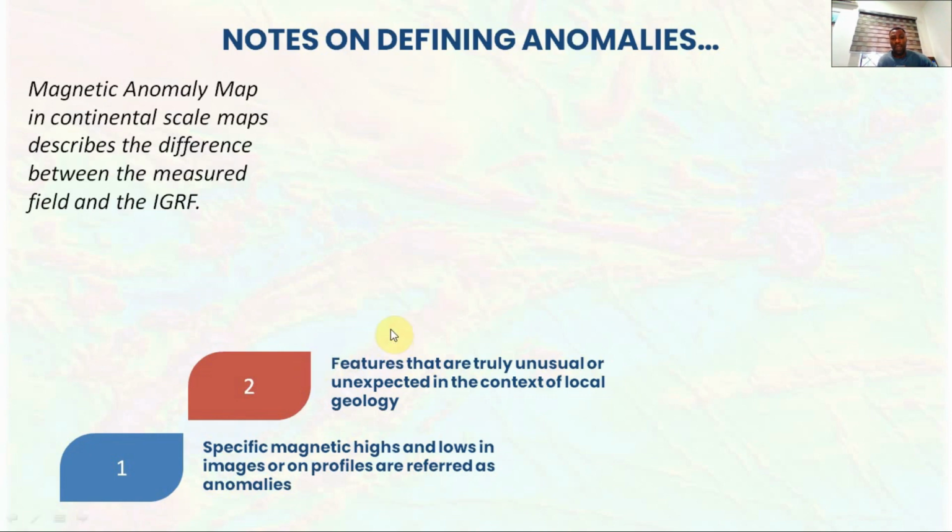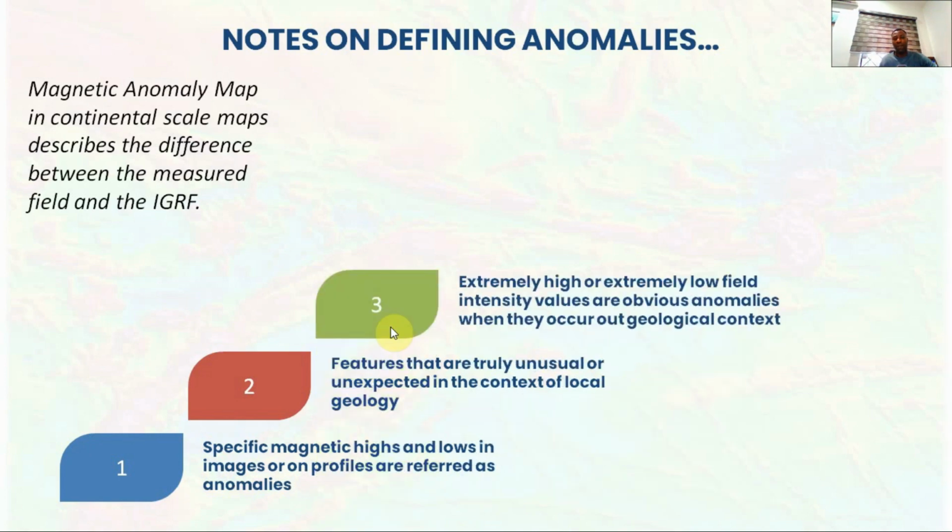Another one is when you look at some extreme low field intensities and high intensities. Minus 2000 nanotesla is not the same thing as plus 2000 nanotesla. If you are seeing minus 2000 and you are getting plus 5000, they are not the same thing. These are a very, very wide range in terms of magnetic intensity.